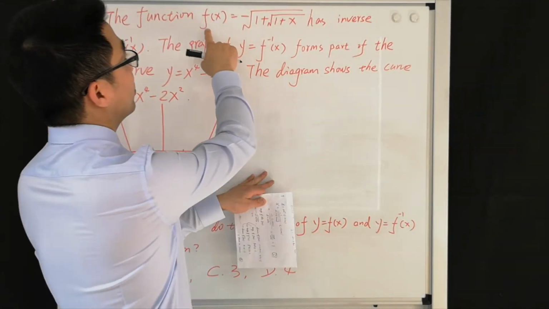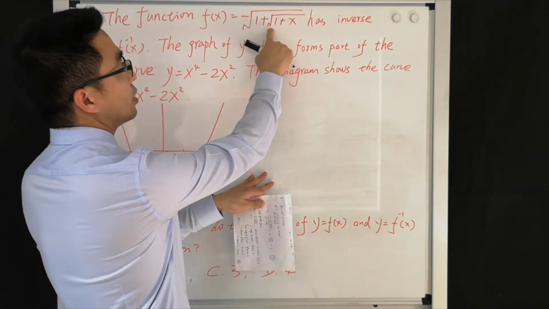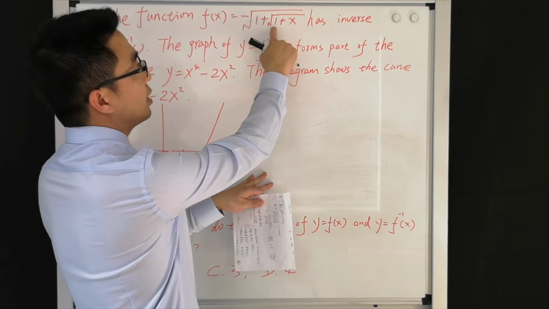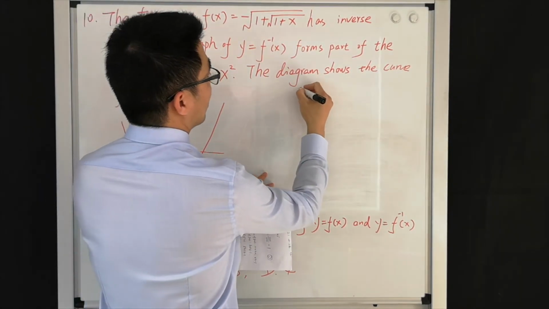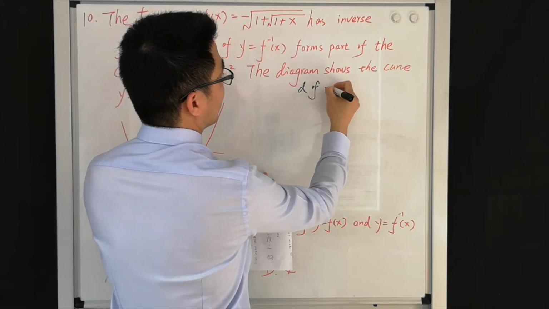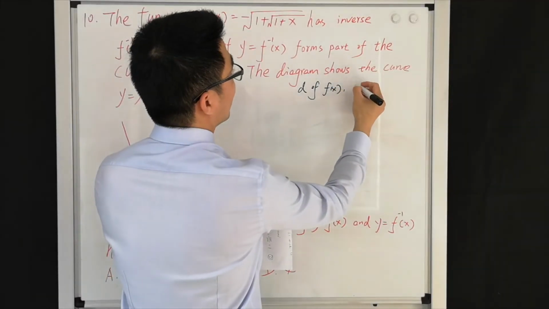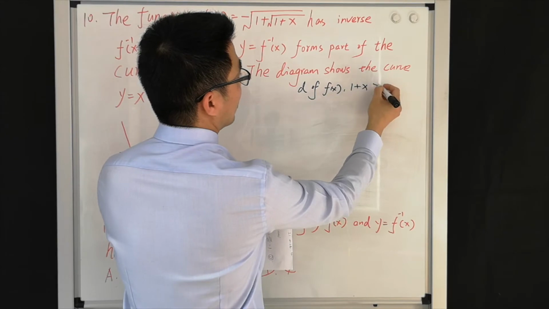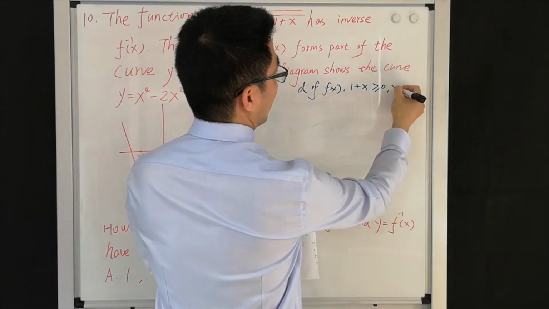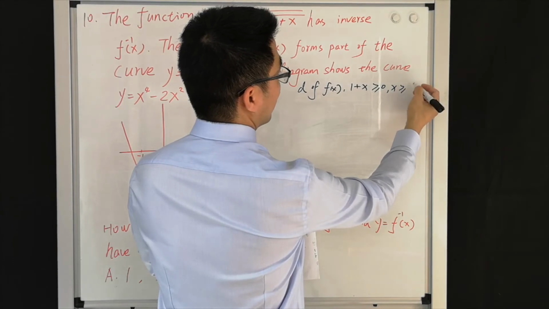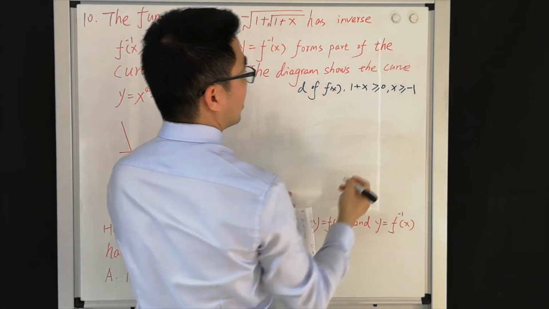So for the original function, the domain: the square root of 1 plus x has to be greater than or equal to 0. So the domain of the original function has to be 1 plus x greater than or equal to 0, which gives x greater than or equal to negative 1.